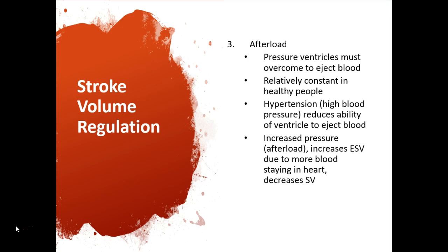There are some conditions that can increase afterload, and those include hypertension or high blood pressure, or narrowing of certain arteries, especially those closest to the heart, by atherosclerosis. And we'll talk a little bit more about that when we do coronary artery disease.